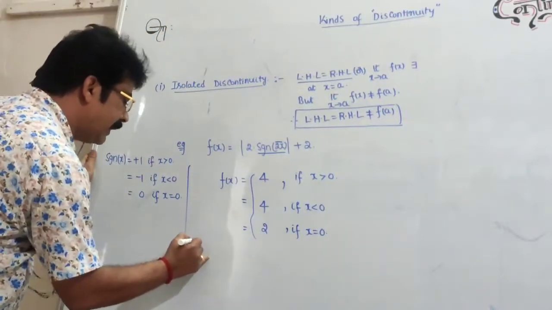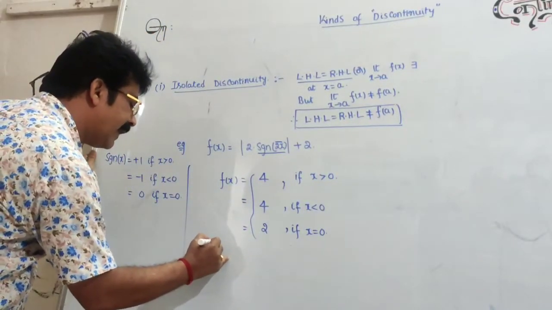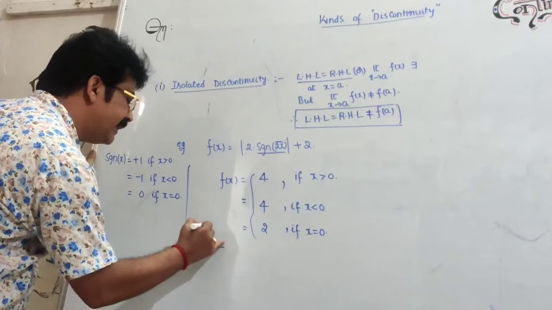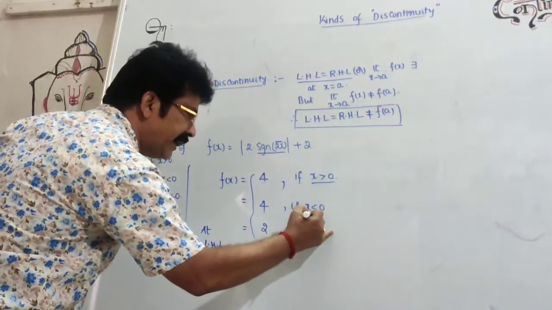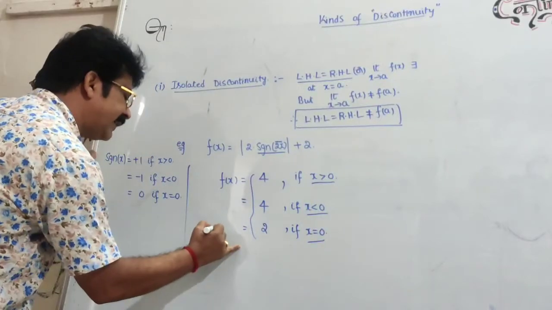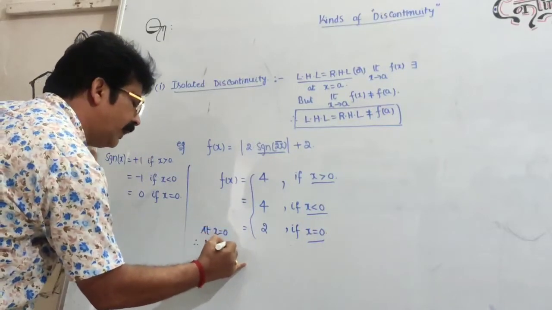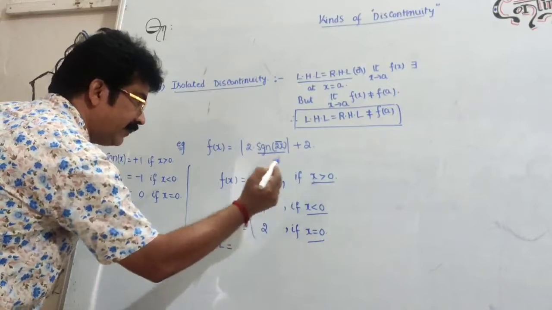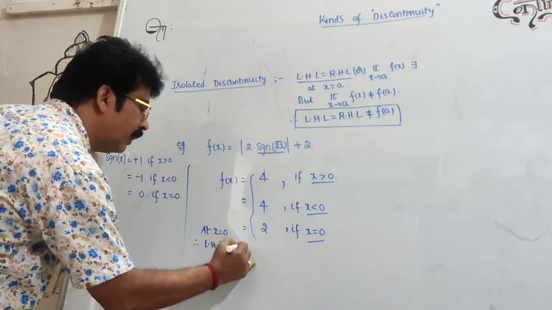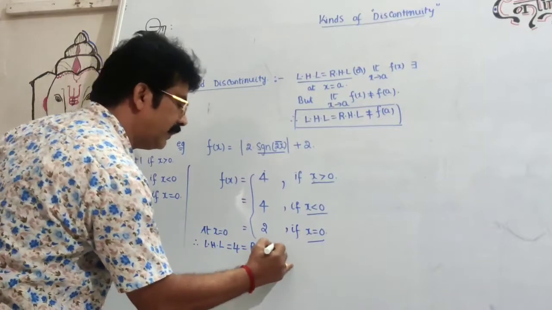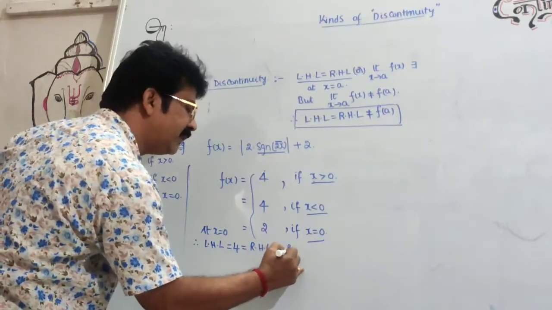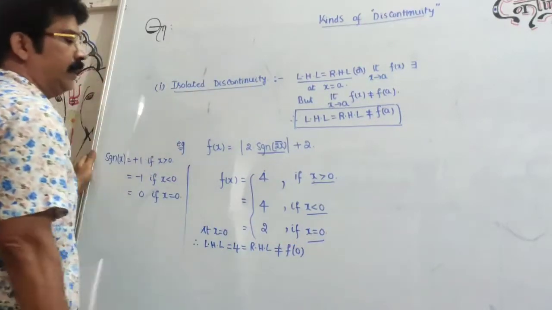So therefore clearly, which one is the breaking point? 0. So at x equal to 0, LHL equal to 4, that is equal to RHL, but it is not equal to f of 0.